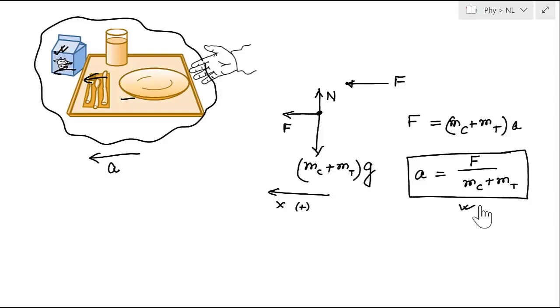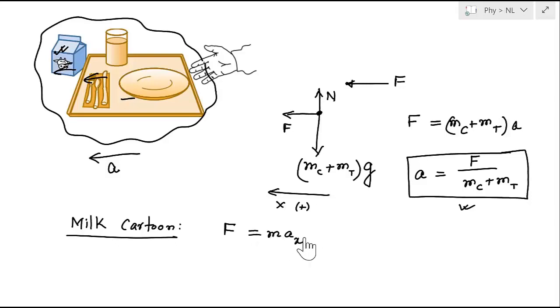So now we can use, for the milk cartoon, Newton's second law, and I can write force is equal to mass times acceleration, and since this is accelerating in the x direction, force is also in the x direction.